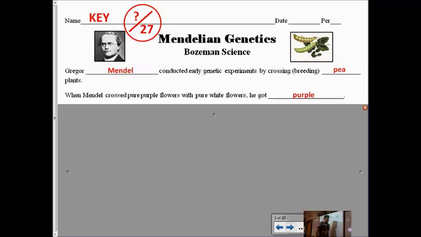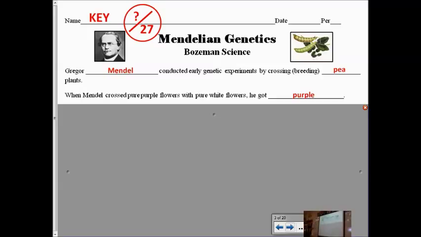What's it called? Dominance. The one that's being covered up is called recessive. He's the one that coined all these phrases. This idea of the two alleles. So we started with purple and white gives us all purple. I wonder why. He figured out that the purple covers up what the white wants to show.